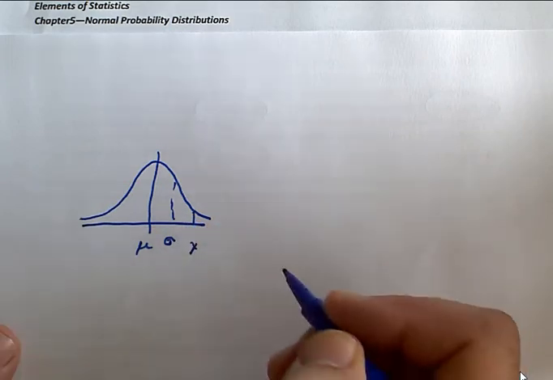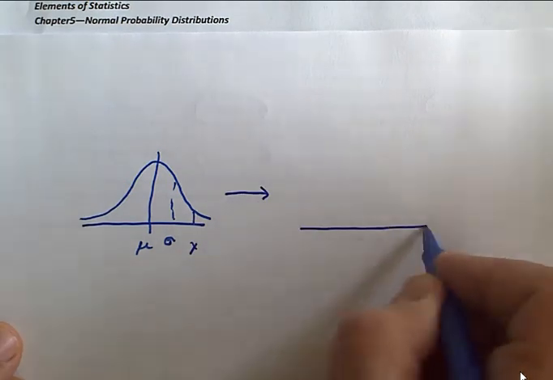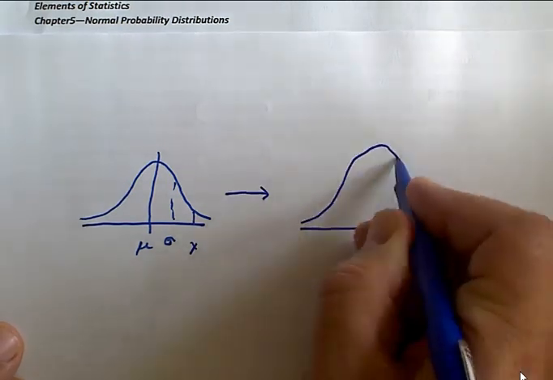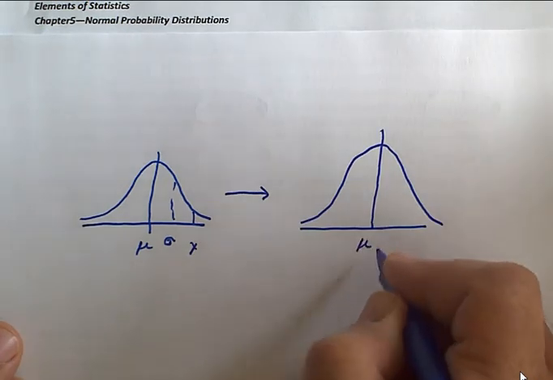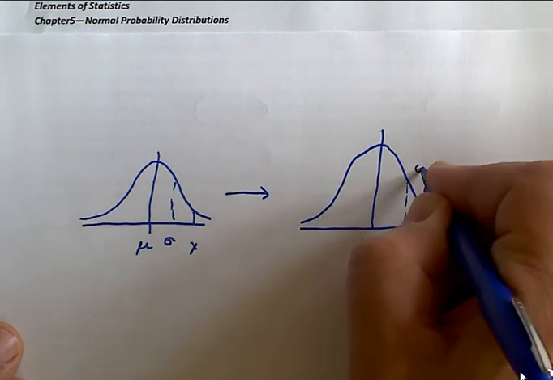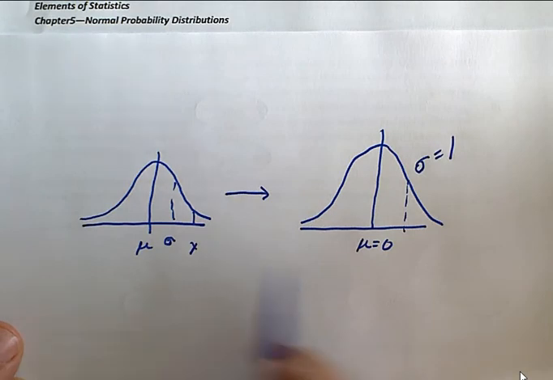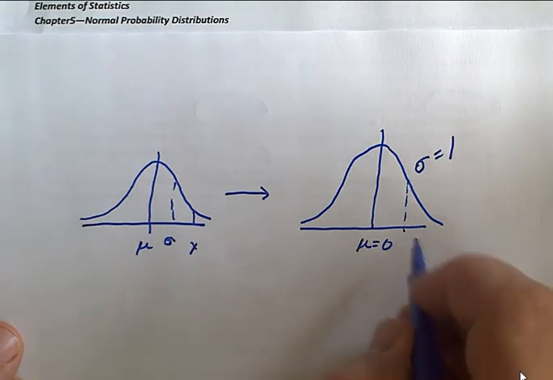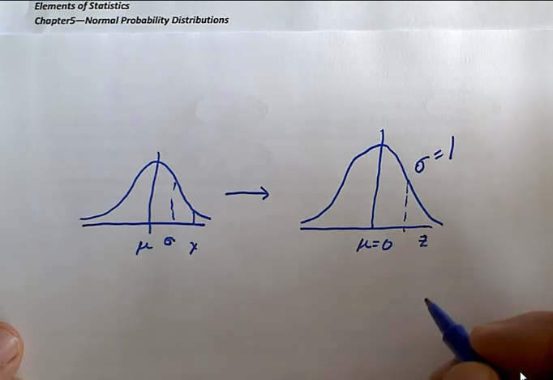Well, what we're trying to do is force this to look like this. Here is our mean at 0. Our standard deviation is 1. And then our x value now becomes some z value, a z-score.